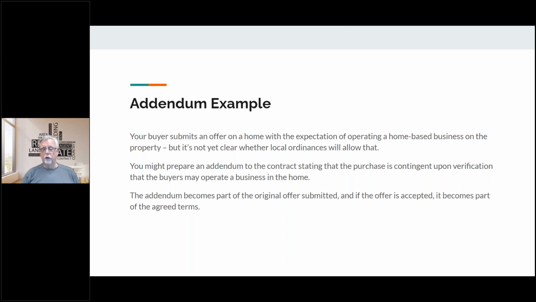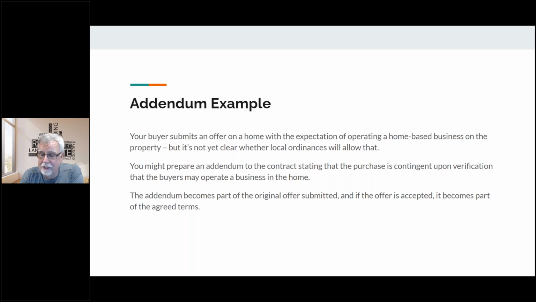If you go through the whole list of contingencies, the ability to run a home-based business is not on the list. So what you might do, if you were the buyer's agent, is write an addendum that says that the purchase of the property is contingent upon verification that the buyers can operate a business in their home.